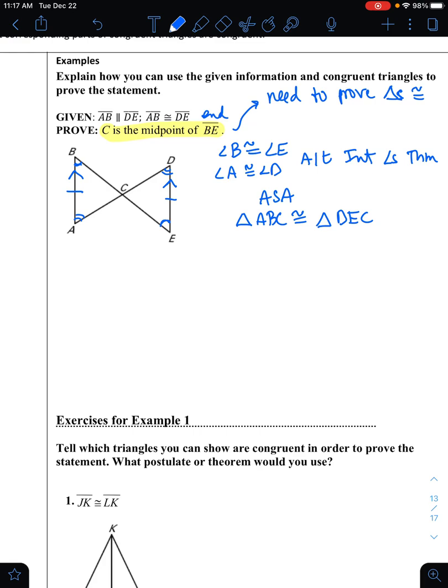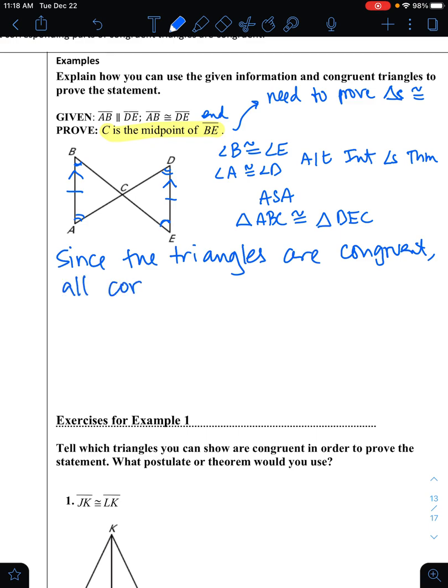Okay, so I'm going to make a sentence here. Let's write this down. I'm going to say, since the triangles are congruent, all corresponding parts are congruent.